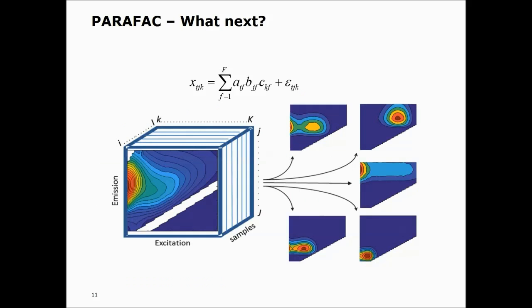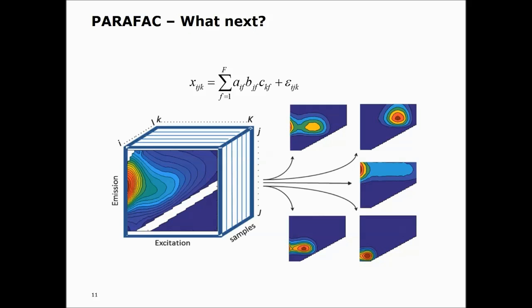So generally speaking, we've just decomposed our EEMs of a dataset of any size, really, that contains emission and excitation information of a number of samples. And in this example here, we've just arrived at a 5-component model, the ParaFAC model that we're happy with. But the question is really, what's next?